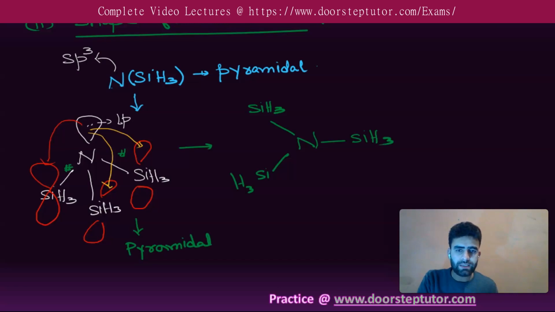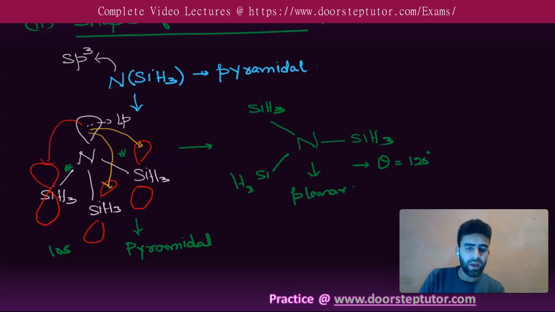Now as a result of back bonding, the shape of the molecule changes into a planar molecule. Similarly, the bond angle also changes. Initially the bond angle was approximately 105. Now this bond angle, theta, changes to a bond angle of 120.